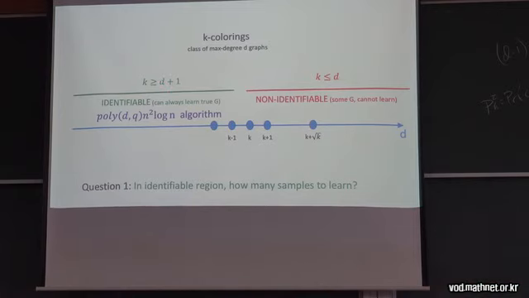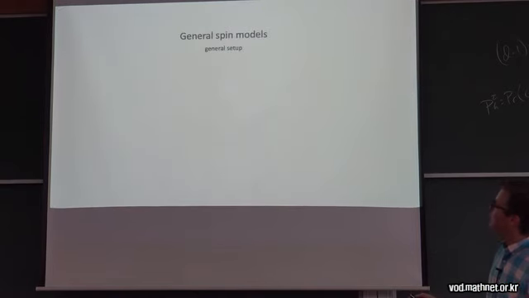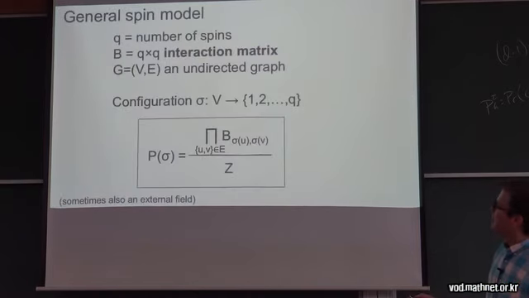That's the interesting thing: we don't need exponential in d, we only need polynomial in d for colorings. What is Q? Oh, Q is supposed to be k, sorry. Actually, we're going to look at this a little bit more generally, so I want to generalize these things.